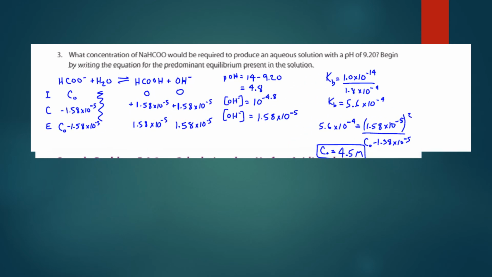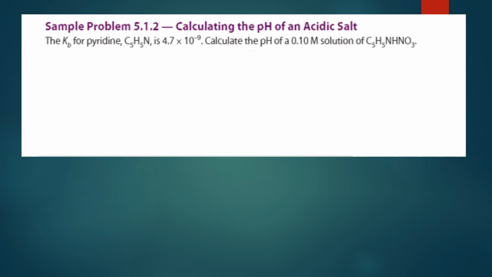Third question here is a sample problem. And this time I'm given a Kb for pyridine. And I'm asked to calculate the pH of a 0.1 molar solution of C5H5NHNO3.